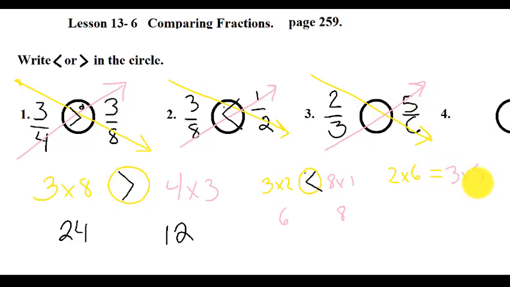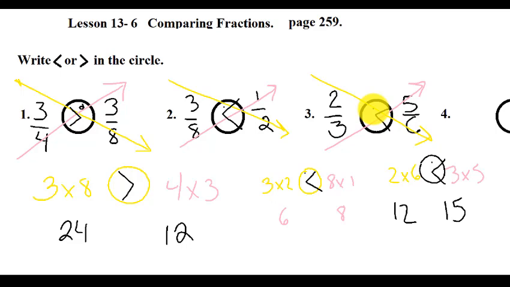Here I put an equal sign, but they're not equal. Okay, we decide which number is greater. 15 is the greater number, and we write it like this.